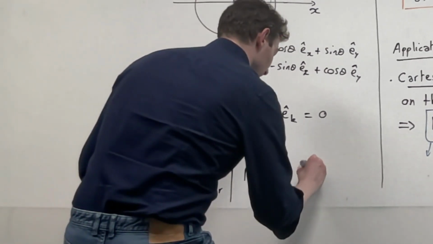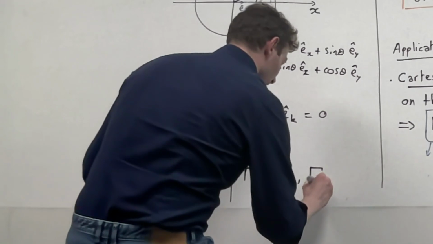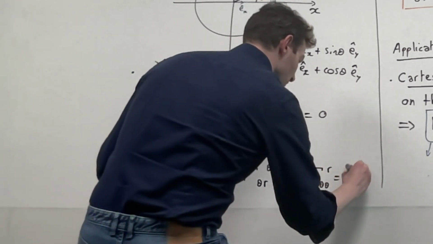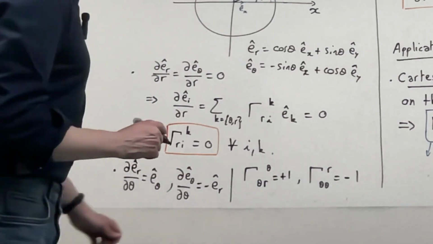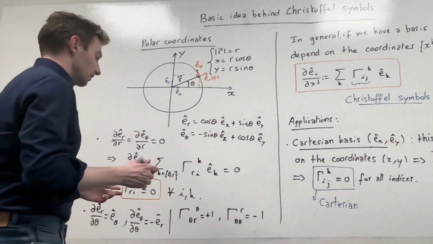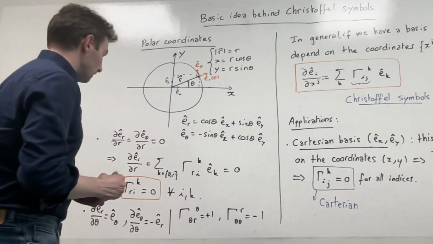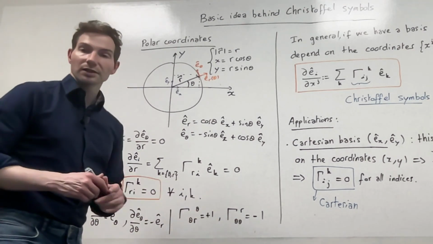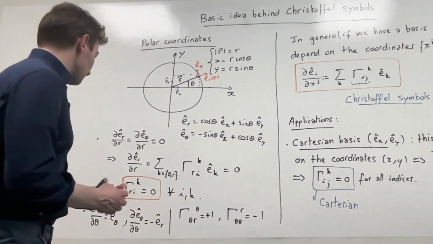Then we have that gamma, theta, theta, r is equal to minus 1. And all the other terms are 0. The bottom line is that these are the only ones that are non-zero.